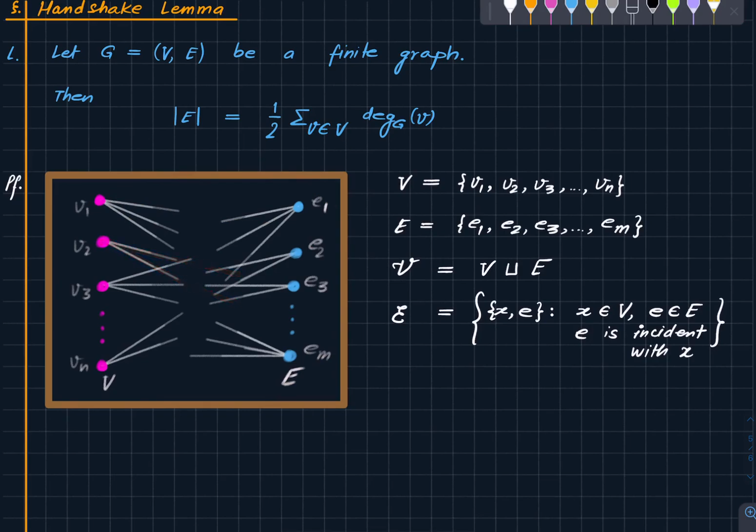Maybe this has no edge incident with it, meaning it is an alone, hungry, lonely vertex in your original graph, in which case this will not be emanating any edges, meaning its degree in this new graph will be 0. Okay. So that's our definition of our new graph, which we will denote by fancy G.